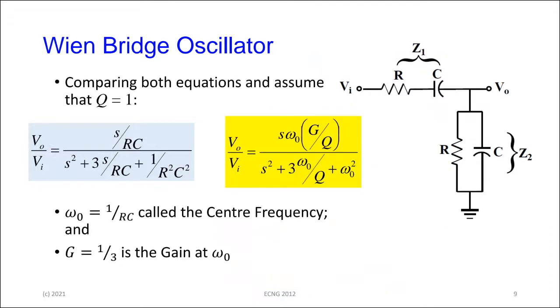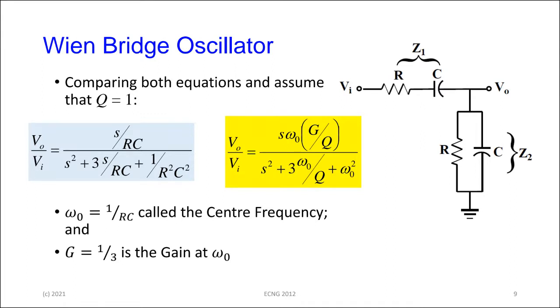So if we compare both equations here, the equation on the left is the one that we derived for the Wien-bridge. The equation on the right is a standard form of that equation. If Q is 1, then comparing the two, omega 0 is 1 over RC, and we call that the center frequency for this particular circuit arrangement. And G is a gain.